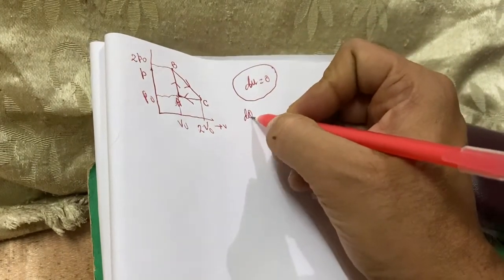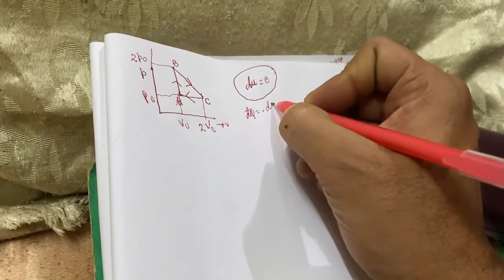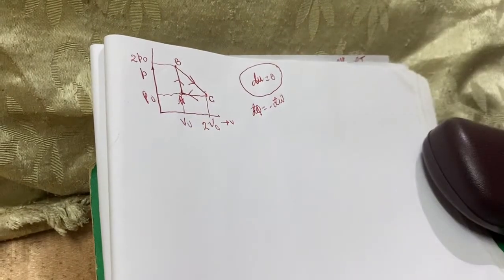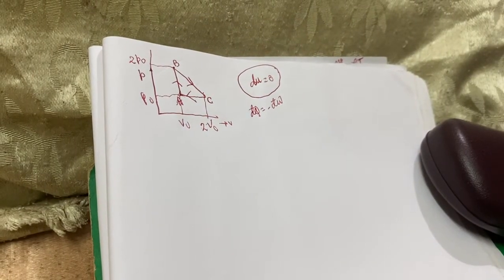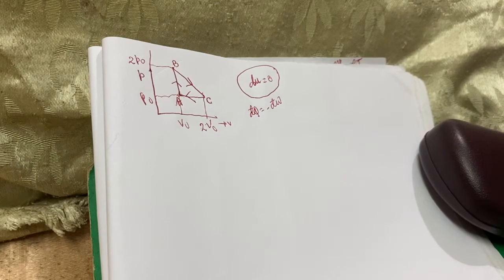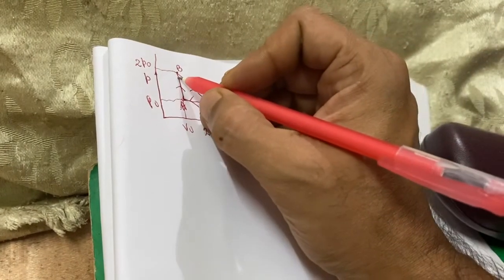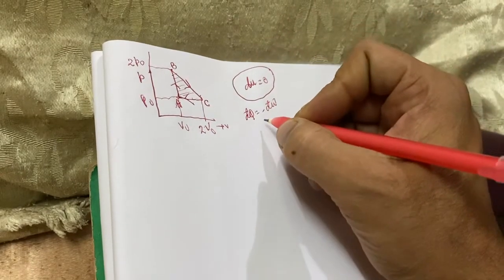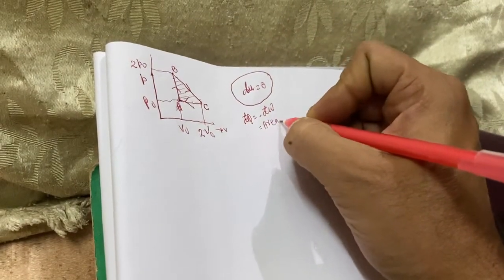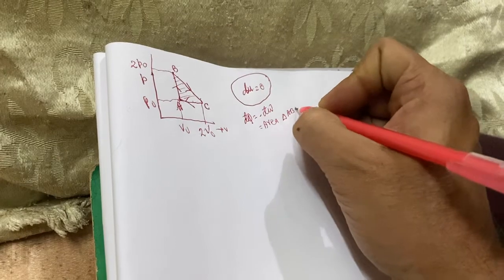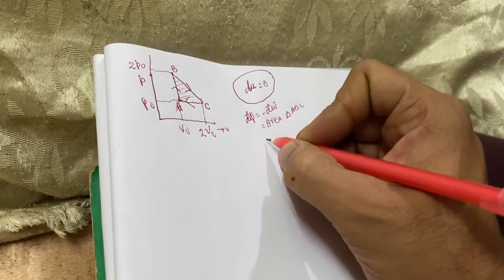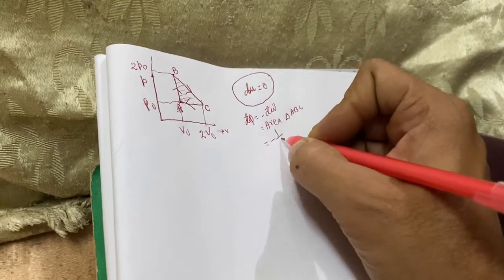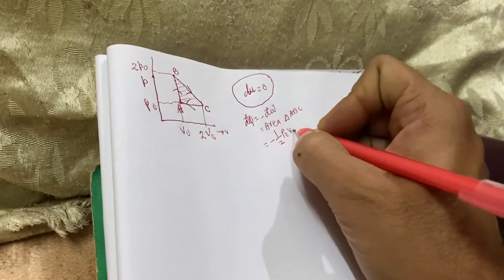As you know, dq is equal to minus dw. So what would be the value of dw? It is simply the area within the triangle ABC. This is the area of the triangle ABC. So this is minus half P0 V0.